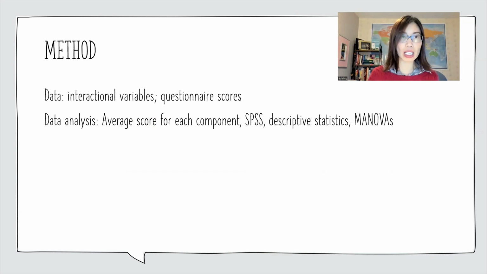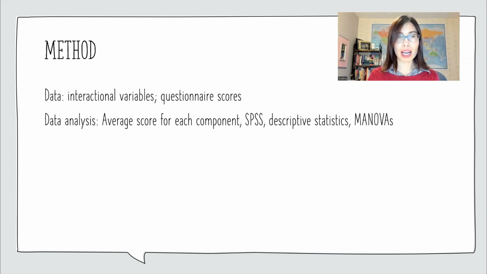And again, still in the method section, you need to also describe your data, right? After you collected your data, then what kind of data you had. In my paper, I had questionnaire scores, but I also had interactional variables. You should also describe data analysis, how you analyze your data.